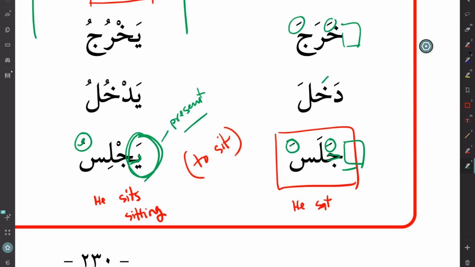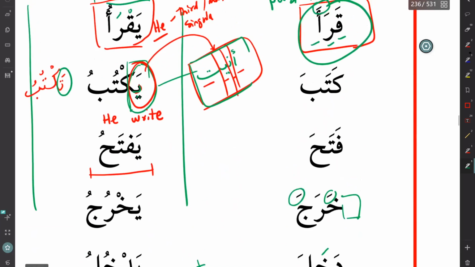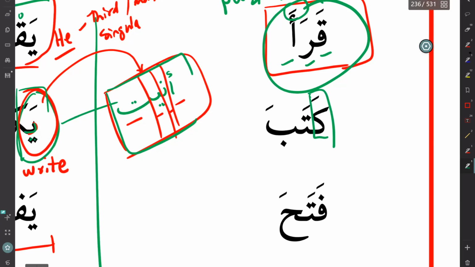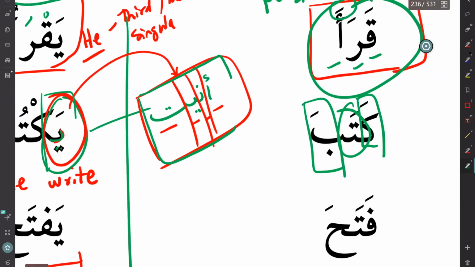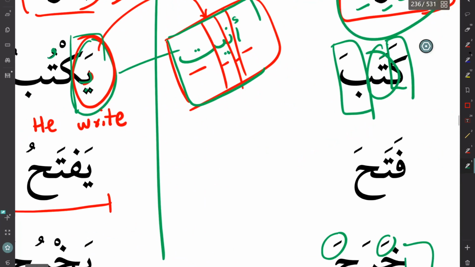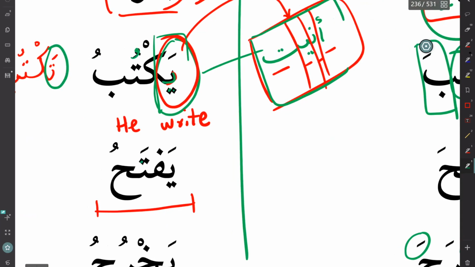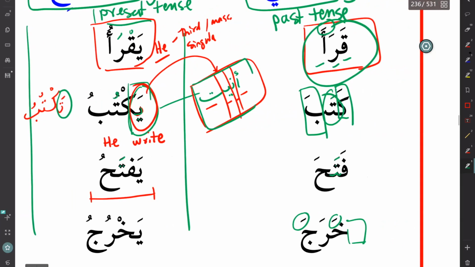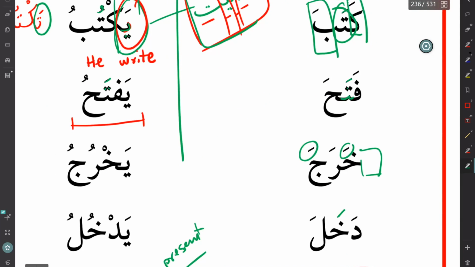Because although you just learned that the first letter will always be fatha and the last letter will be fatha as well, this middle letter, you don't know. Okay. So for example, here in the past tense, the ta has a fatha, and in the present tense, the ta has a dhamma. Here in the past tense, the ta has a fatha, but in the present tense, the ta has a fatha. Okay, as you can see, there are some differences. We cannot predict what's going to be. So at this point, you should be memorizing them in a pair.